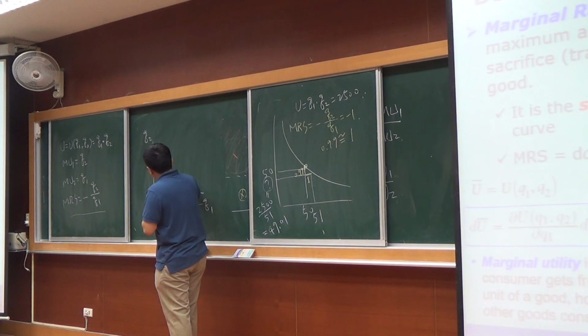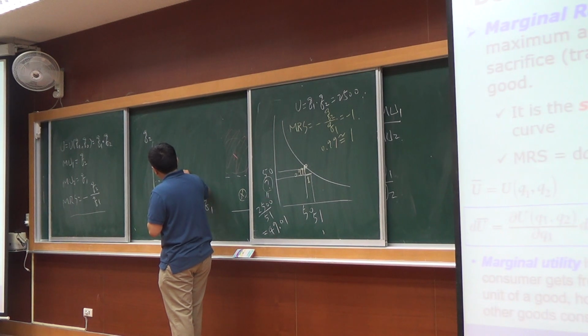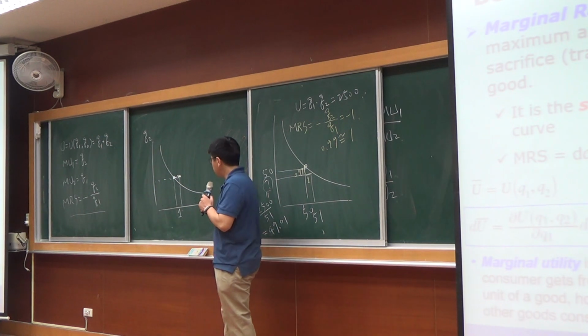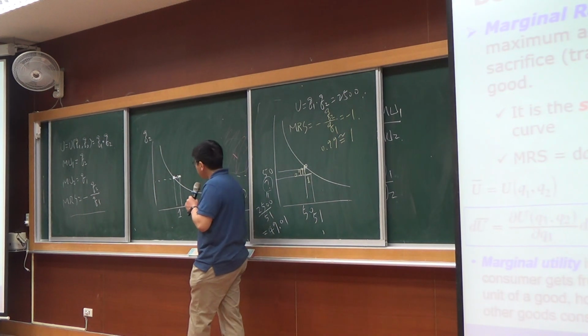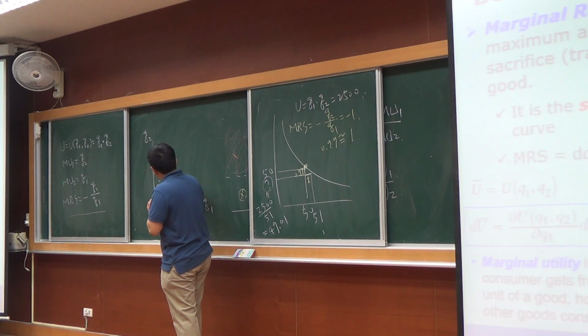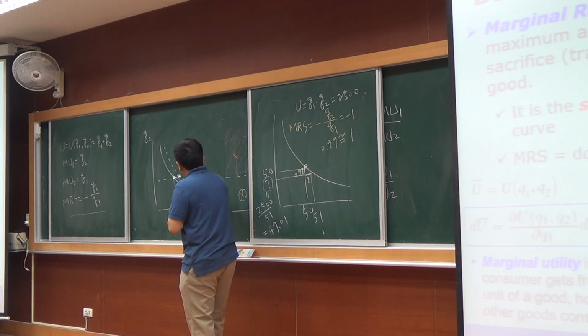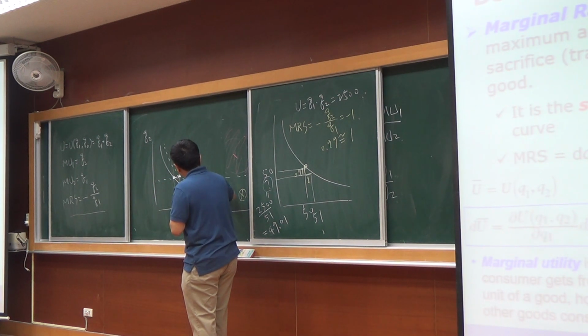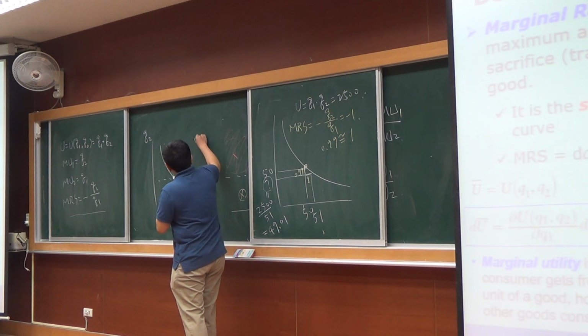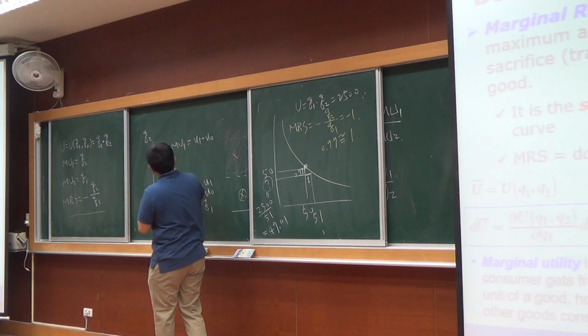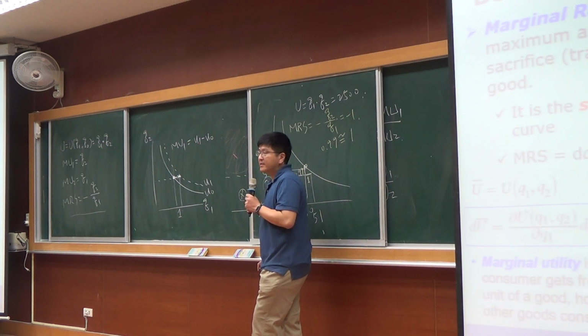So the utility of these points compared with the utility of these points, if this is one extra unit increase of Q1, then say this is U0, U1, then U1 minus U0 is actually marginal utility 1 at this point.